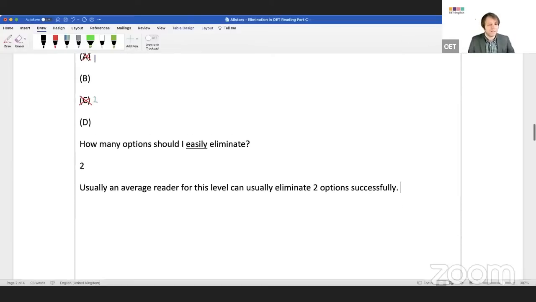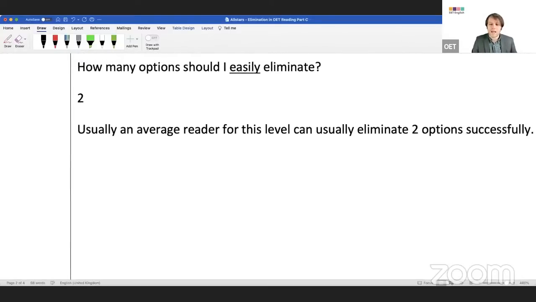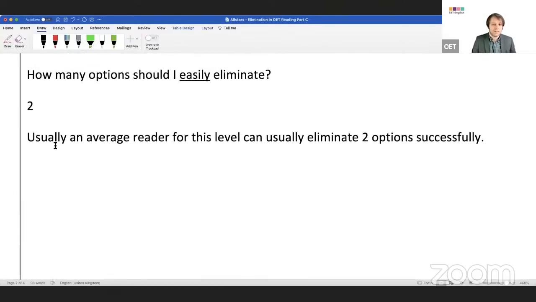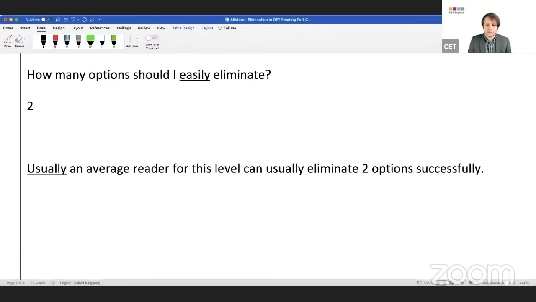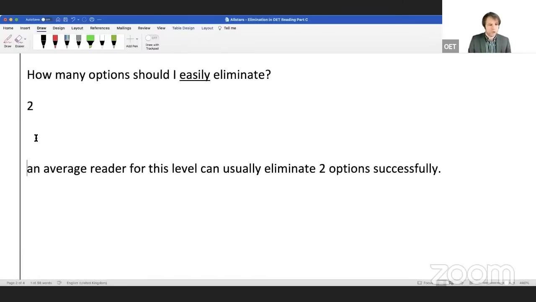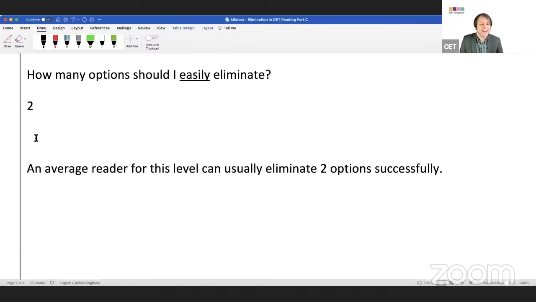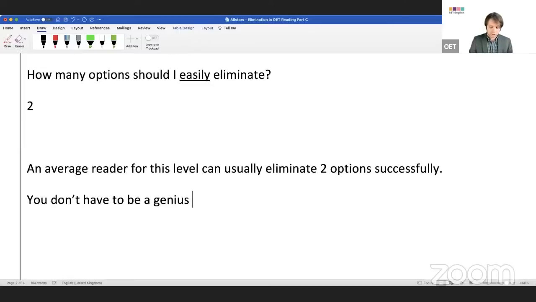Is that clear, guys? Guys, you don't have to be a genius to do this. You don't have to be Albert Einstein to eliminate 2 options, usually correctly, okay?